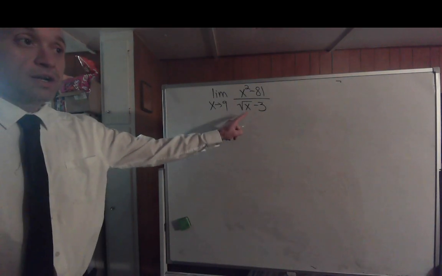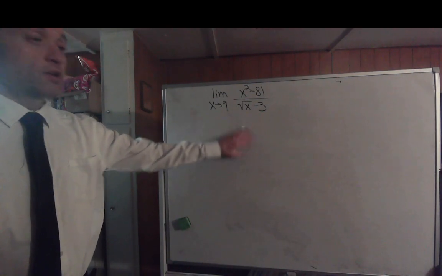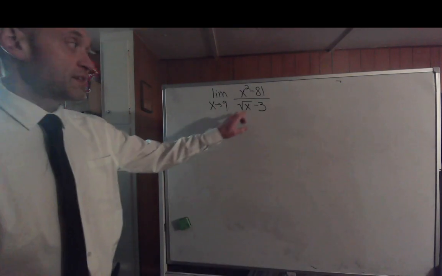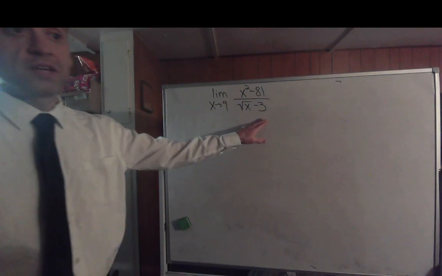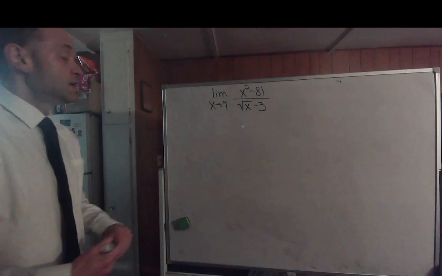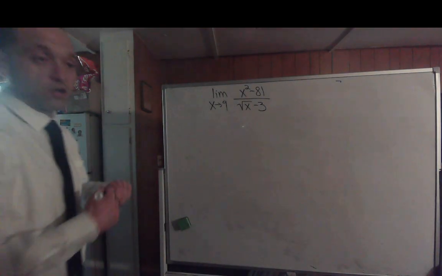Well, we have a radical in the denominator, and we know that if we stick in 9 for that value of x, you'll get 3 minus 3, which will give you a denominator of 0. That's a big no-no. So we need to try to make this radical disappear.